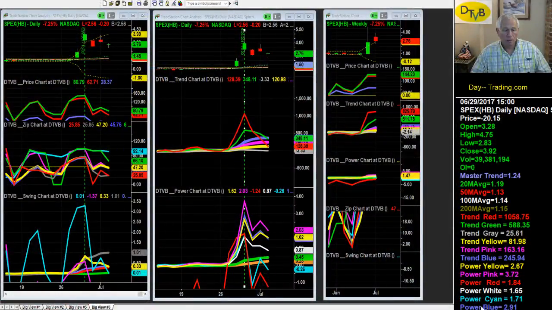The other thing, too, I want to point out, I forgot, was over here in the zip chart, you had the red, blue, and yellow and gray all running together, but they were doing so, they went up, but they were doing so far below the zip 100, because your zip red was at 76, gray 77, yellow 76, and blue 74.